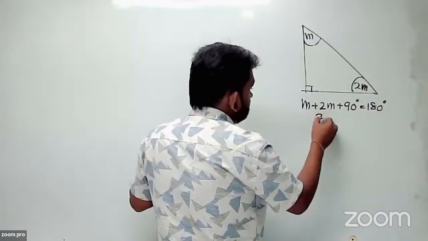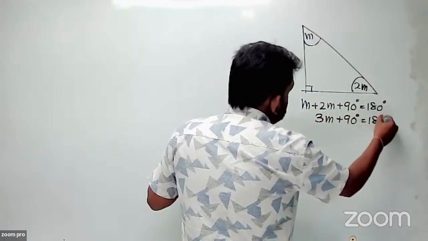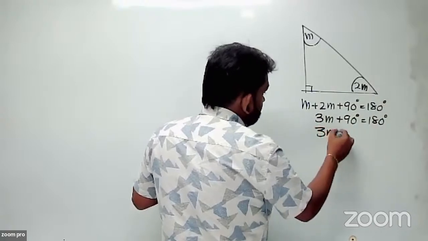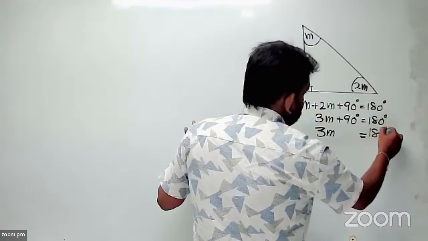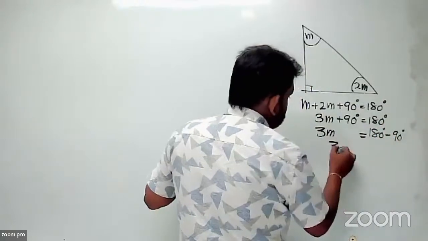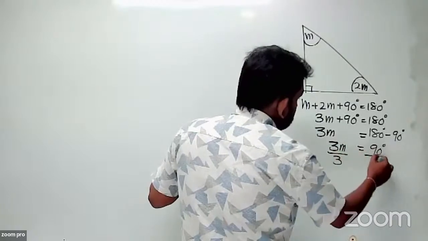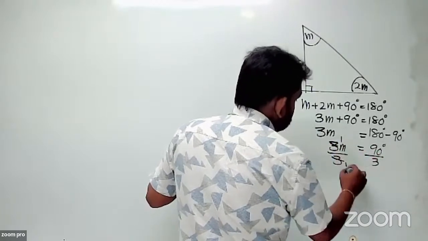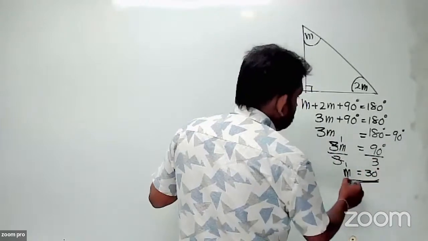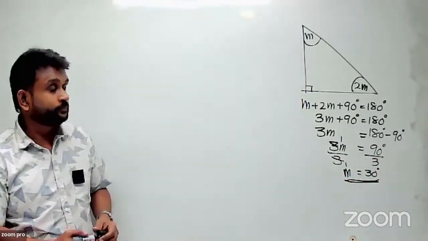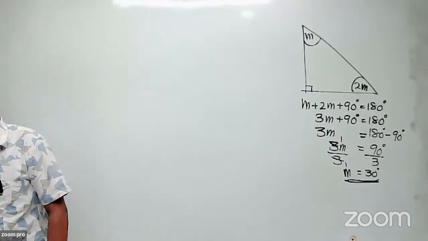Then m plus 2m is 3m plus 90 degrees equals 180 degrees. Just subtract 90 degrees, or you can think that 90 goes to the other side as minus 90, then 3m equals 90 degrees. Just divide by 3 both sides, 3 and 3 cancelled, then m equals 30 degrees. They are asking the m value.